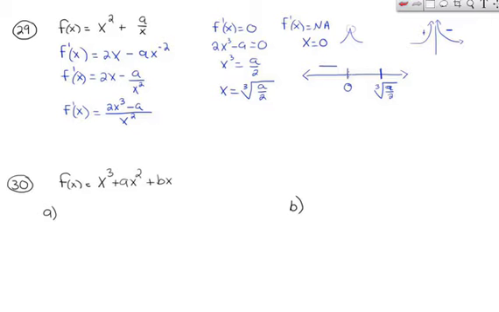Let's plug in a number that's barely bigger than 0, like 0.00001. The bottom is positive because it's squared. The top becomes 2 times 0.00001, which is very small, so that's basically 0, minus a.